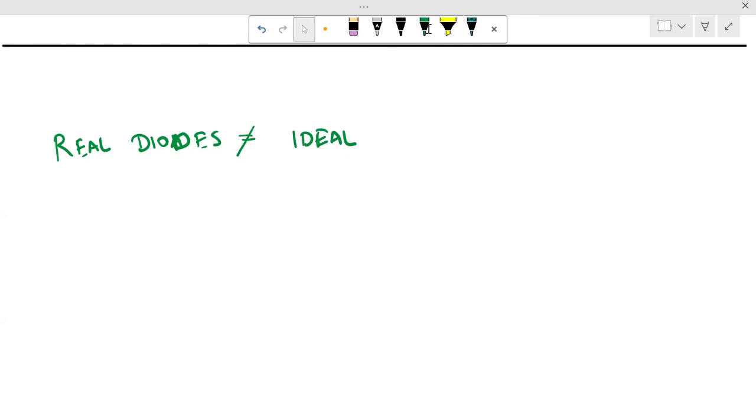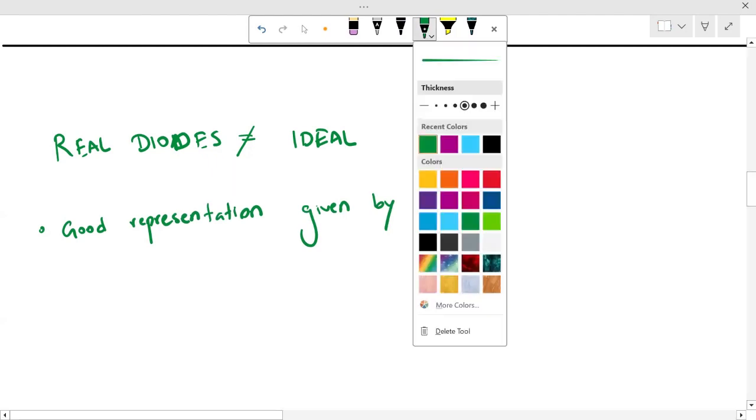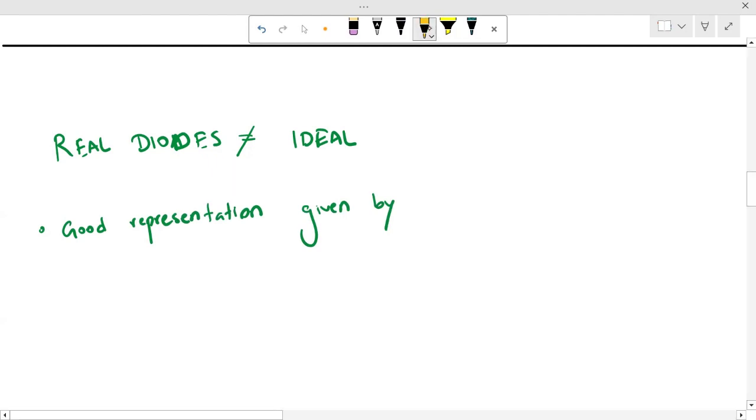So a good representation of a real diode is given by a graph known as the Shockley model.